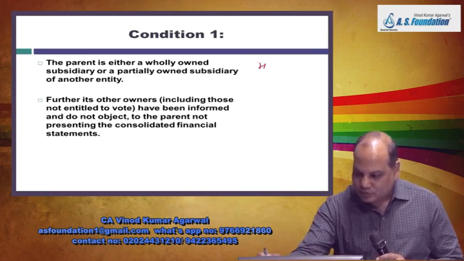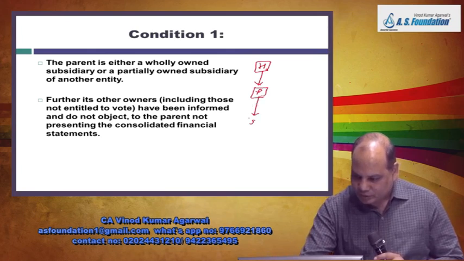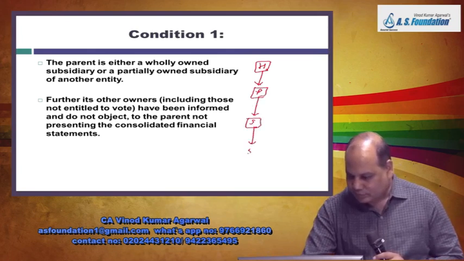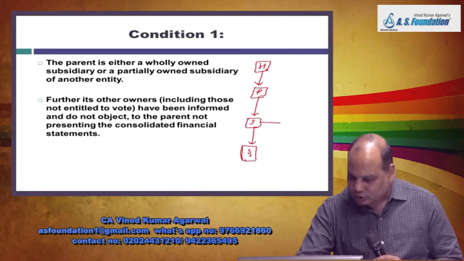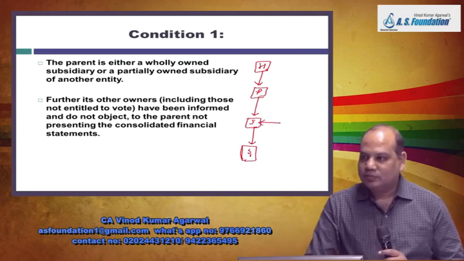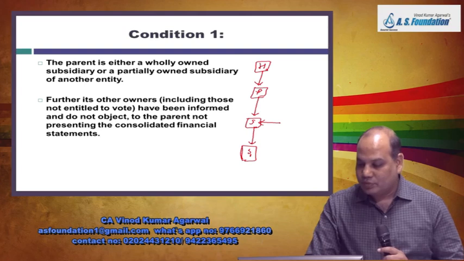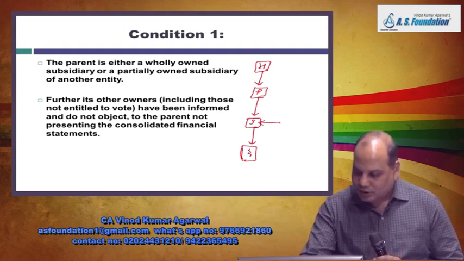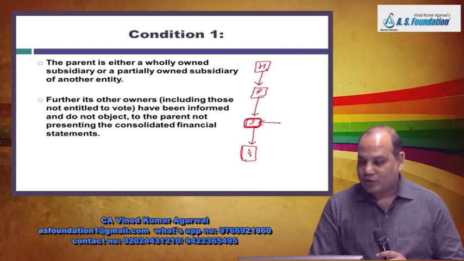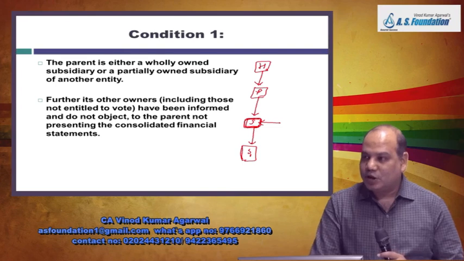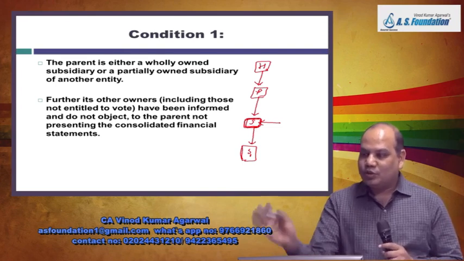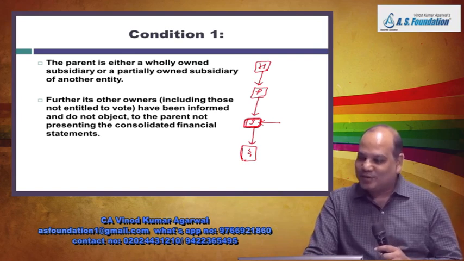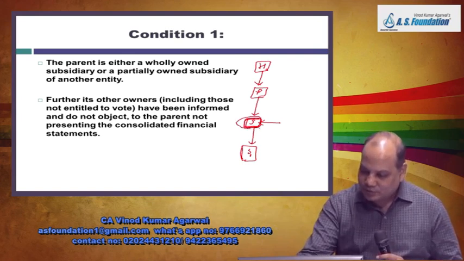So suppose H Limited, P Limited, S Limited, S1 Limited. So we are talking about which company? S. So S Limited has a double role here. It is a parent of a subsidiary S1 and a subsidiary of a parent P, whose ultimate parent is H. Okay. So we are talking about S.